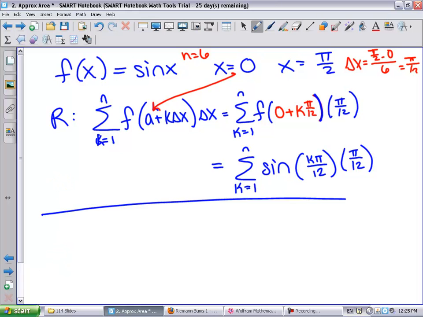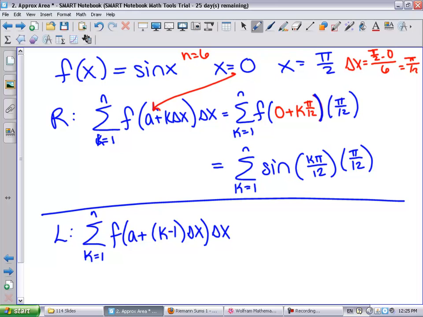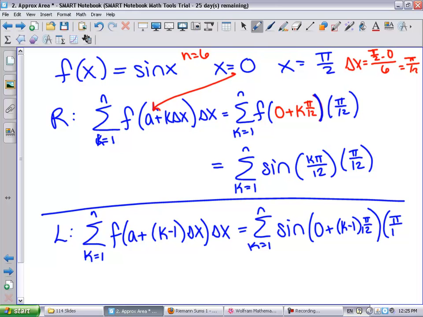The left one is very similar, except the formula is just slightly different, right? It's f of a plus k minus 1 delta x times delta x. So it's going to be the sum, k goes from 1 to n, of sine of 0 plus k minus 1 times pi over 12, and then a pi over 12 on the outside for the width.